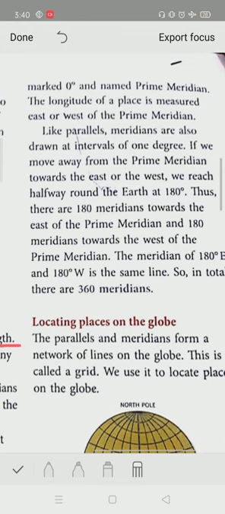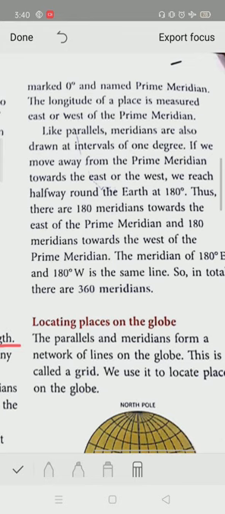जैसे हम लोग parallel 1 बनाते थे latitudes 1 degree 2 degree, again here at 1 degree के distance पे. If we move away from prime meridian towards the east or the west, we reach halfway around the earth at 180 degree. तो हम लोग अर्थ को 2 हाफ्स में डिवाइड कर दो, तो हाफ हो जाता है वेस्ट, हाफ हो जाता है ईस्ट.